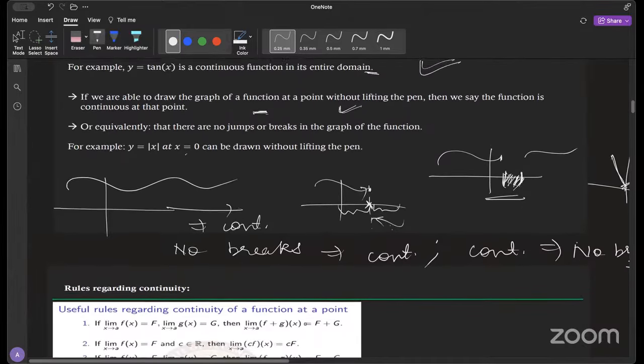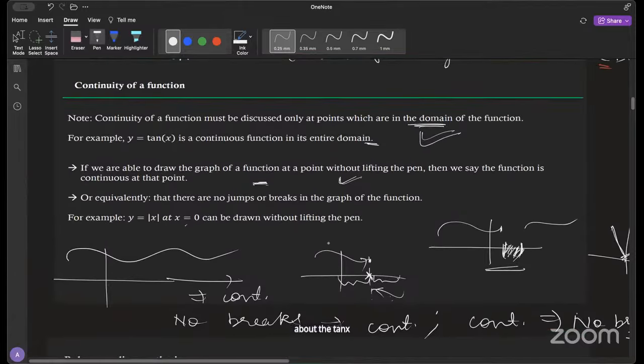Ma'am, about the tan x function, it says continuous function in its entire domain. Can you please explain that? Yeah, what's the domain of tan function?